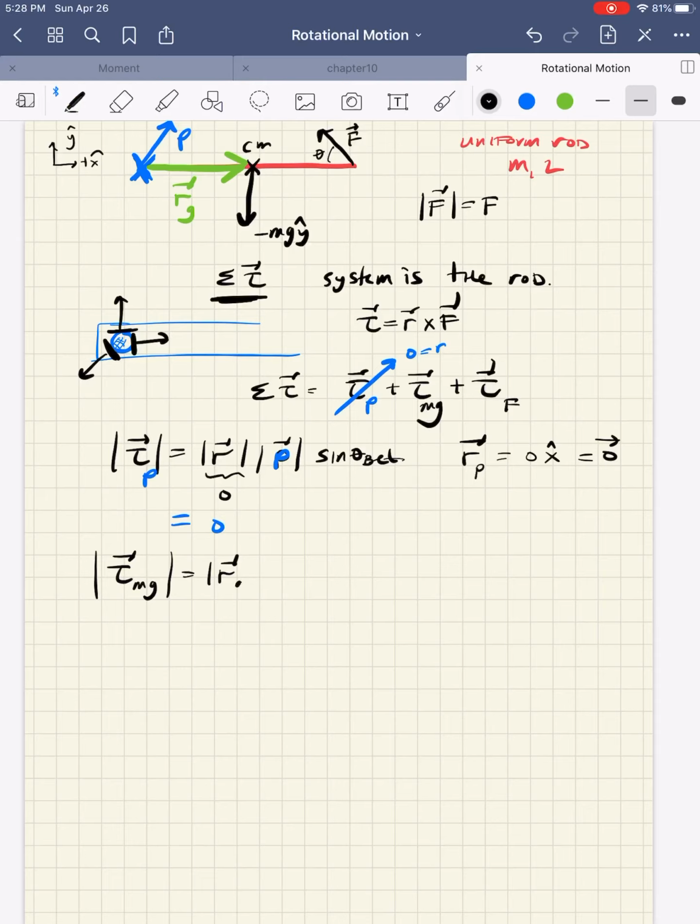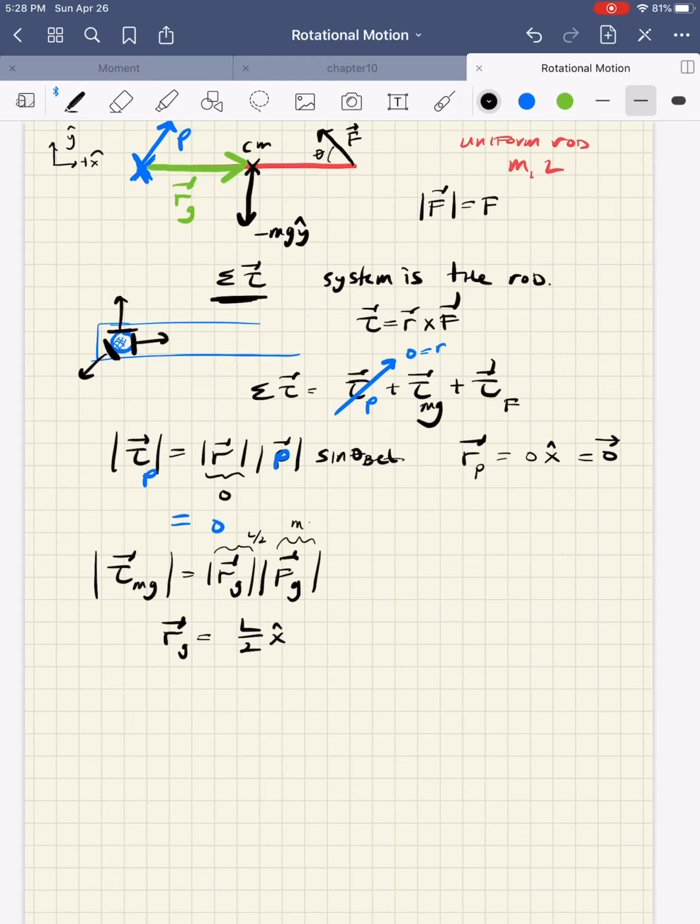Down here, I'll write out its full vector. It's L over 2 in the x hat direction, plus 0 in the y, plus 0 in the z at this current moment. So the magnitude of it, of course, is just going to be L over 2. I know it's at the halfway point because it's acting at the center of mass, and this is a uniform rod. Gravity, the magnitude of the force of gravity, right?